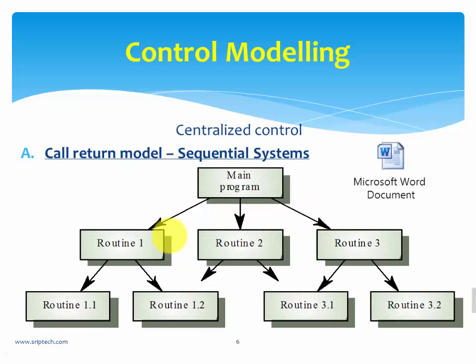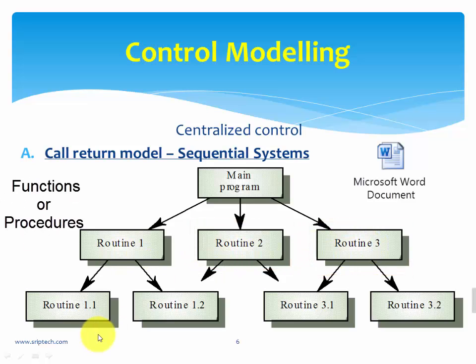Now, here is an illustration of how exactly a call return model works for a sequential system. Note that it is an example of a centralized system. You can see from this call return model that you have a main program. This main program is calling routine 1, routine 2 and routine 3. Now what are these routines?